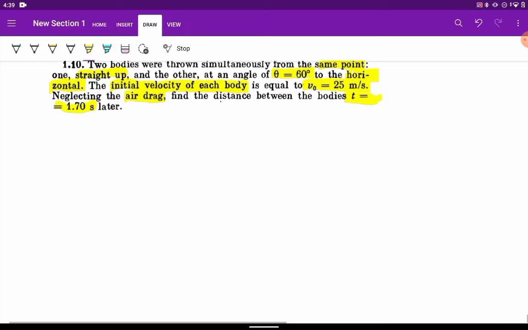I will write. So basically there's one body which is thrown straight up with initial velocity of magnitude v naught, and another body that is thrown at an angle of some theta to the horizontal with the same magnitude v naught.